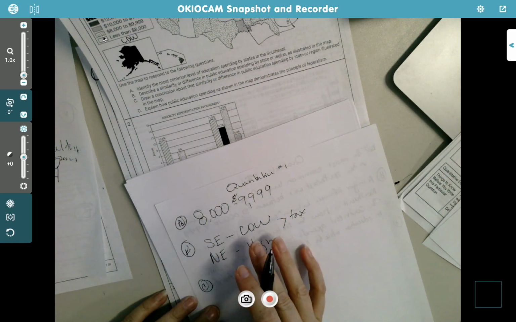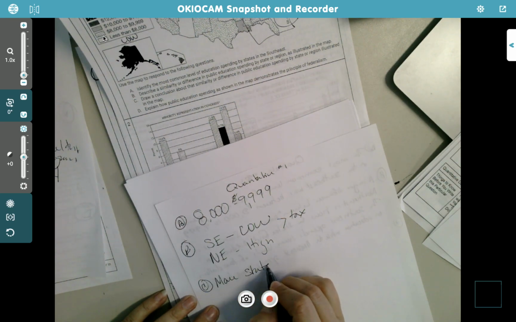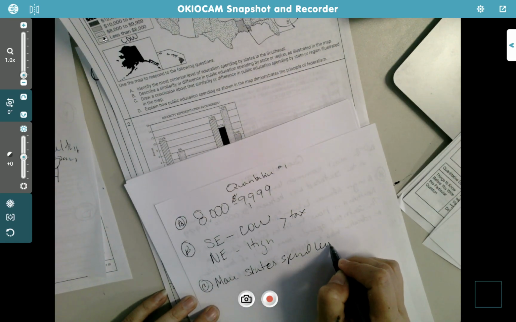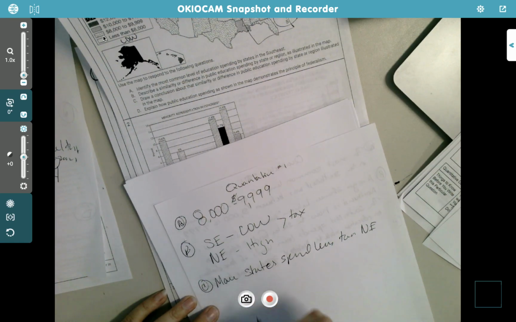Here we go. C. We need to come up with something. Are more states spending more or less money on education? Less. More states spend less than Northeast. Okay, why? Because it's welfare spending.